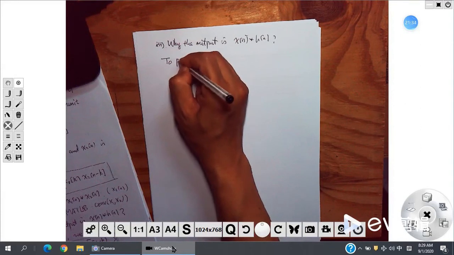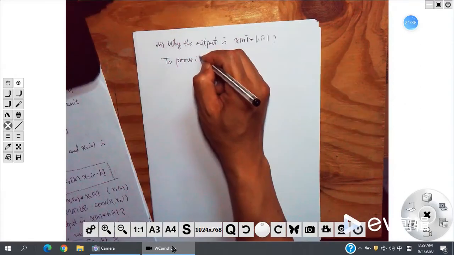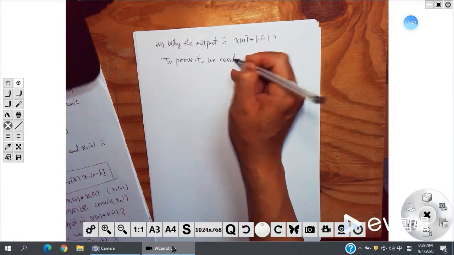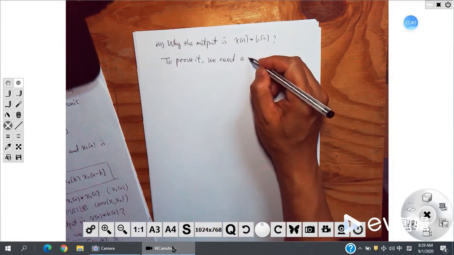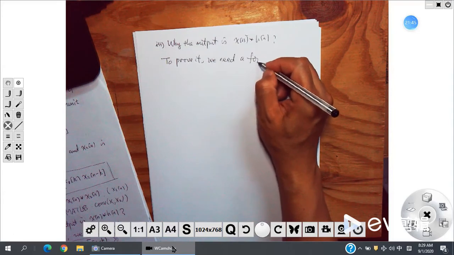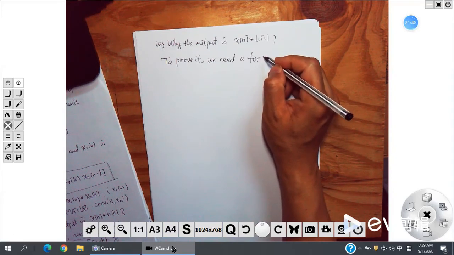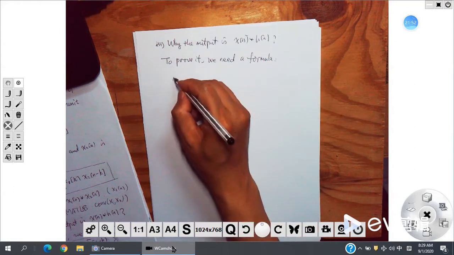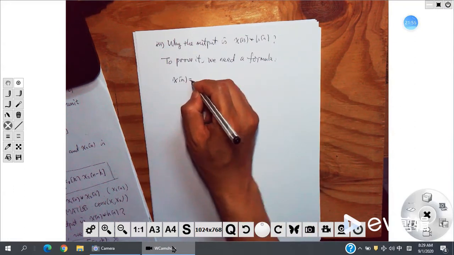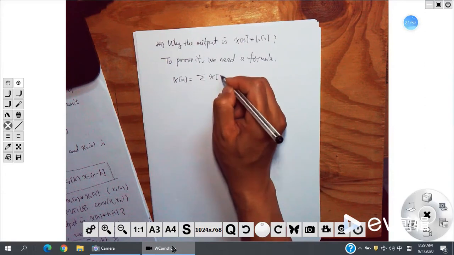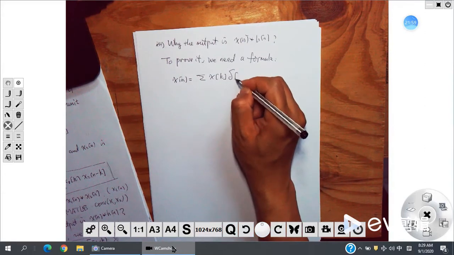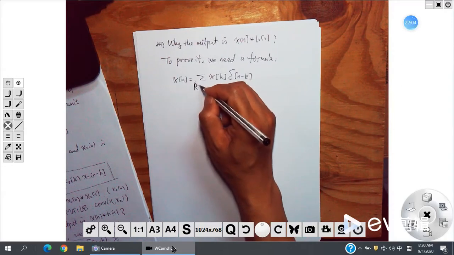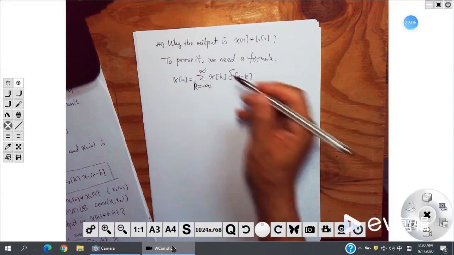To prove it, we need a formula: x of n equals the summation of x of k times delta of n minus k, where k runs from negative infinity to positive infinity.